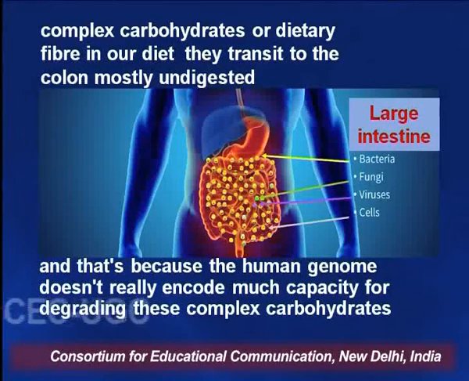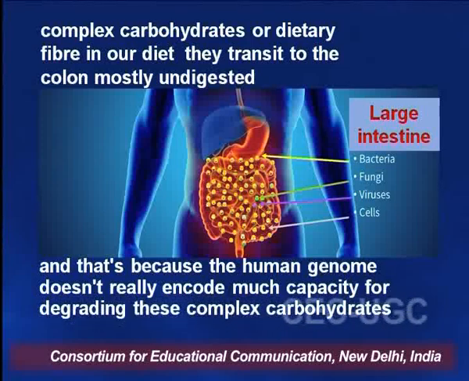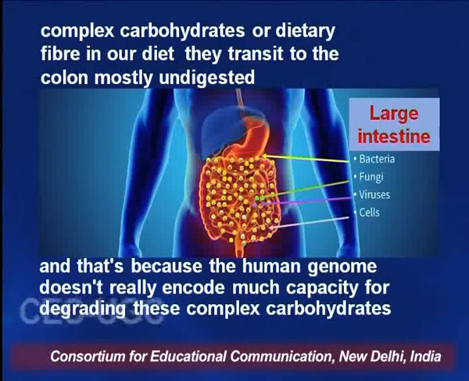Further studies with this experiment took us to the finding that there are certain complex carbohydrates in our food, or maybe dietary fibers. I take the example of broccoli. If you eat broccoli, it is a rich diet of complex carbohydrates or fibers.